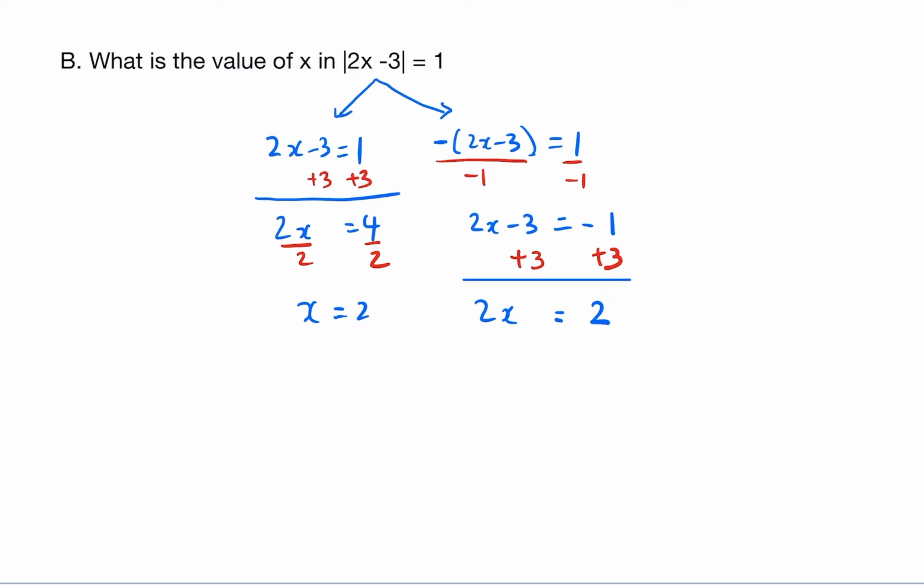Then dividing both sides by 2 so that we can isolate x, we get x is equal to 1. So we have both x equals 2 and x equals 1. Both are solutions to this absolute value equation.